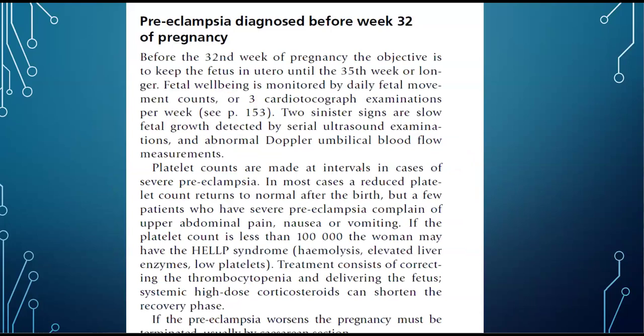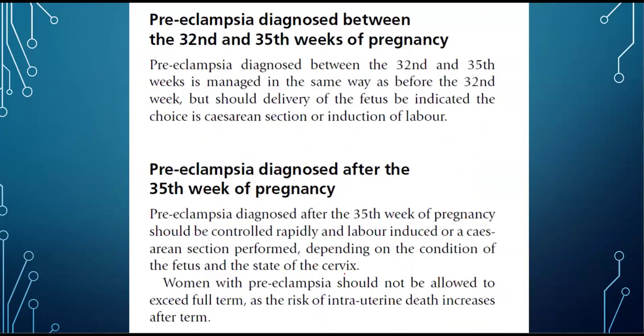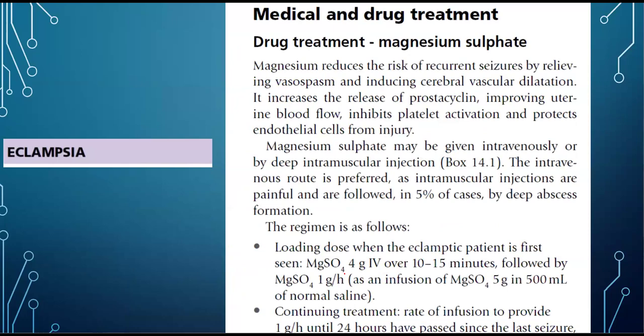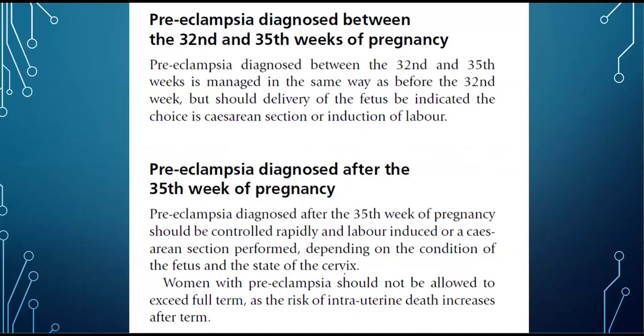Now, this is where they have discussed, depending on the age of pregnancy, what should be your management. We had a good discussion already. Let me just go through it.